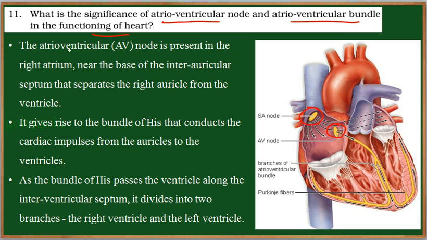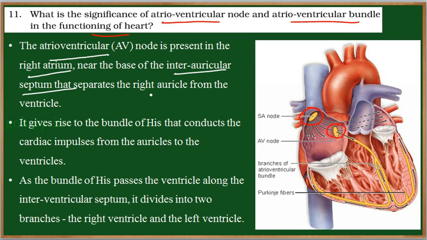Now, coming to the atrioventricular node. This node is located in the right atrium, at the base of the right atrium near the interauricular septum. So, the AV node is present in the right atrium, specifically near the interauricular septum.